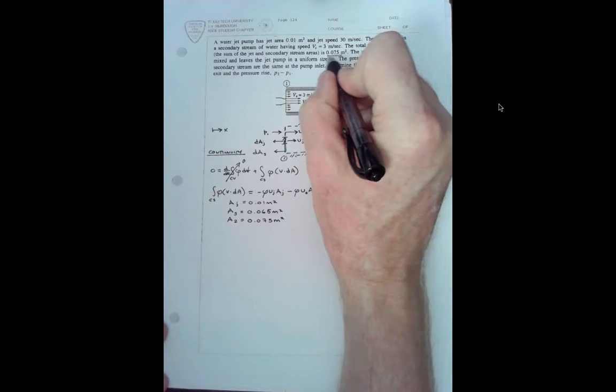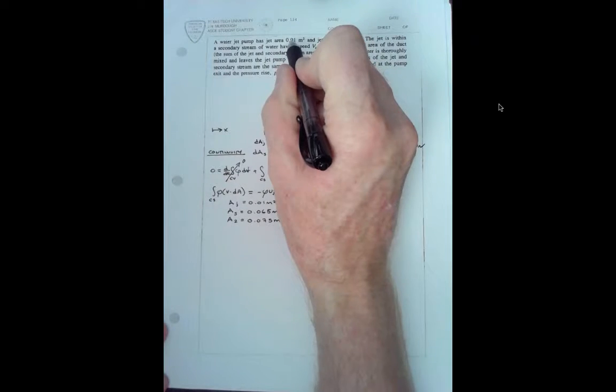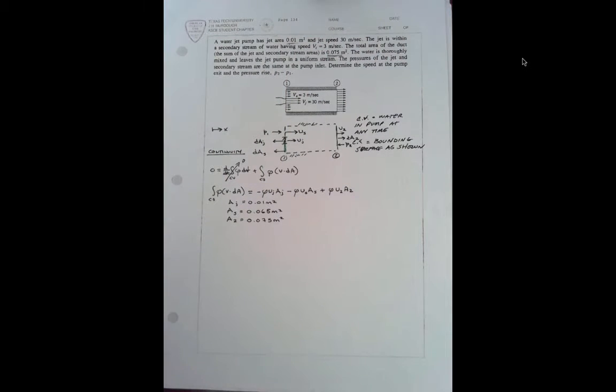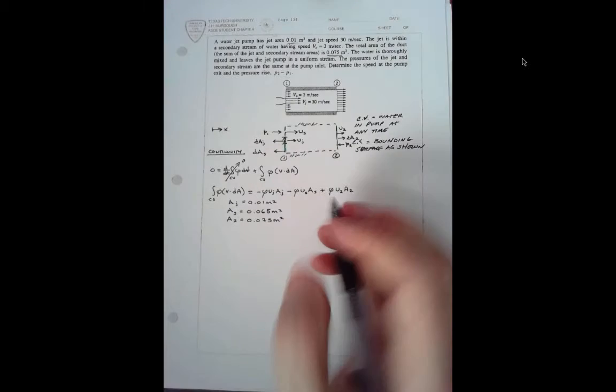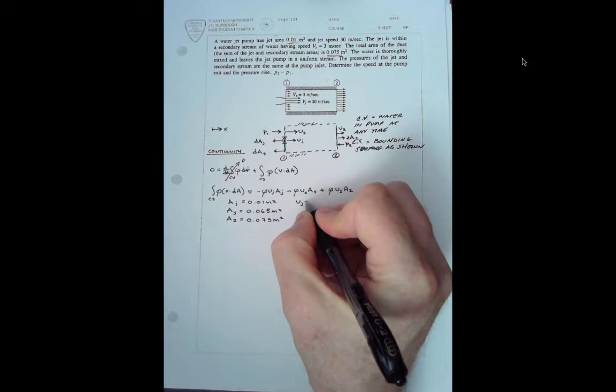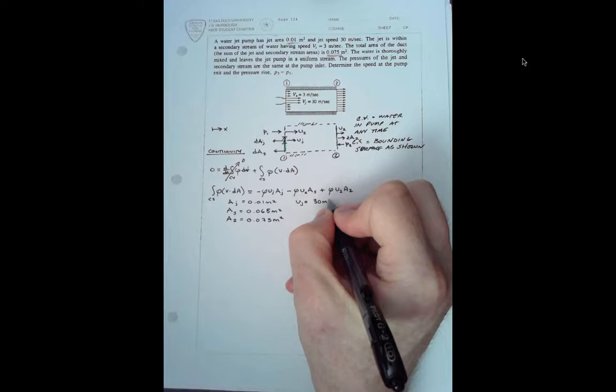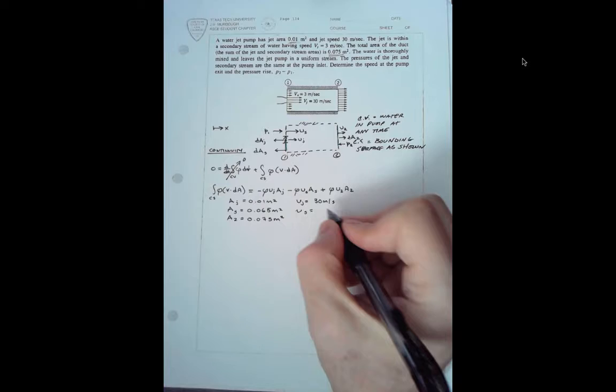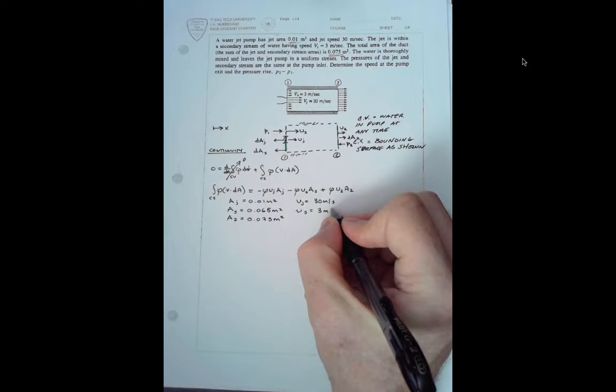So we're using this principle, and from the drawing, the jet's a portion of the total area. We have U jet is 30 meters per second, and U free stream is 3 meters per second.